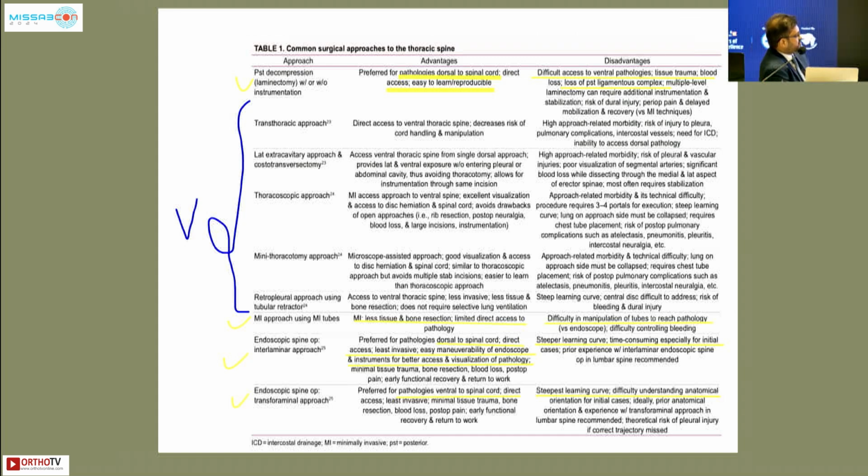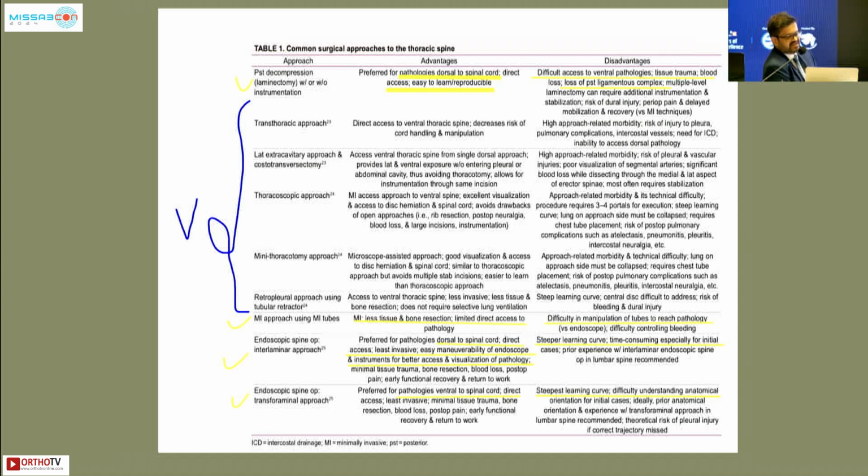The advantage of MIS tubes is less tissue and bone resection, with limited but adequate access to the pathology. The disadvantage is manipulating the tube; it's less maneuverable as compared to the endoscope. The endoscope, again, is the least invasive, and easy maneuverability is possible with better visualization of the pathology.